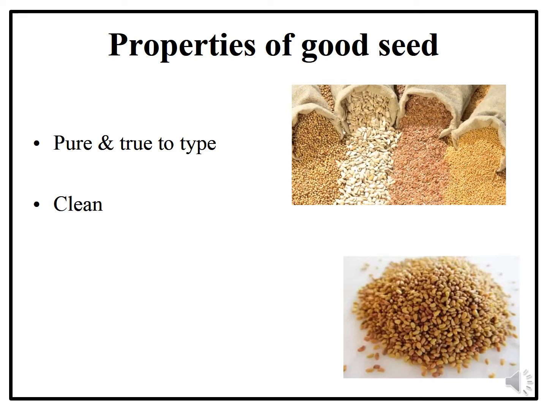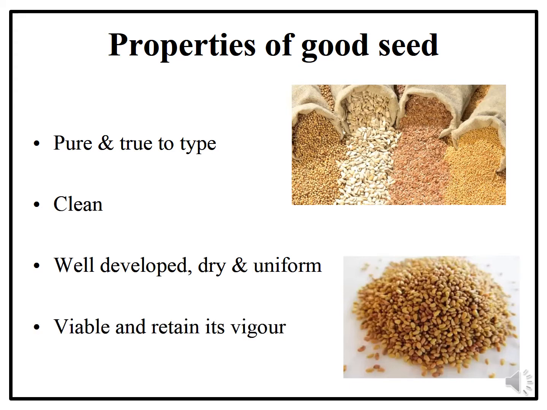It must be clean. The seeds must be well developed. They must be dry and uniform, because as soon as seed takes up water through the micropyle, it starts to germinate. So as long as the seed is dry, germination will not start to happen. And the last thing is that seed should be viable and retain its vigor.